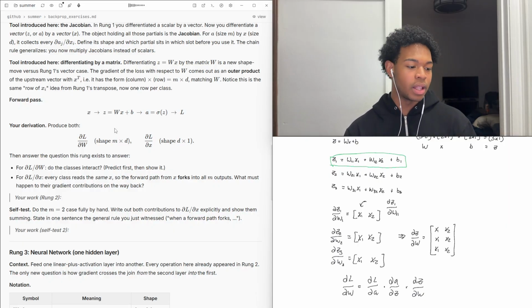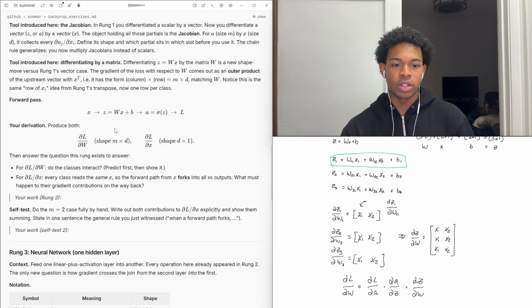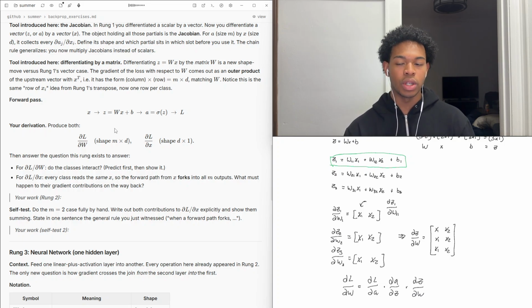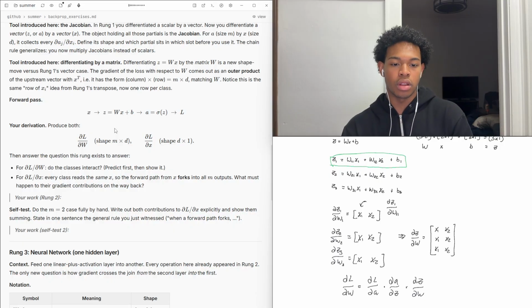When I spell it out for the further heads, I end up getting the exact same vector. I get x transpose 3 times. So I'm curious if the partial derivative of z with respect to w is actually just x transpose, x transpose, x transpose. So it's sort of like a matrix that's a copy of x transpose 3 times because we have m 3 times.